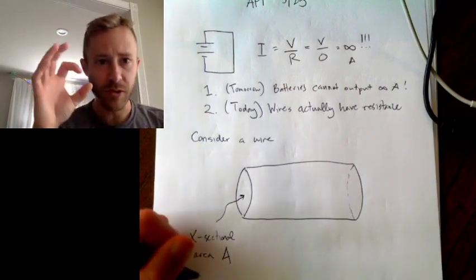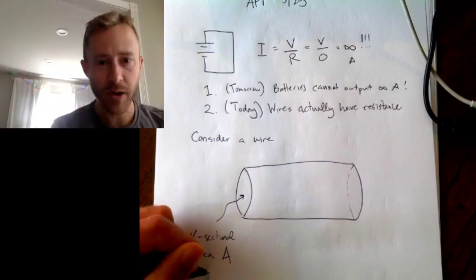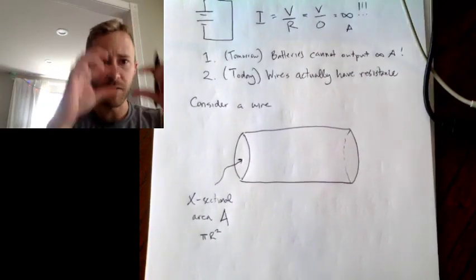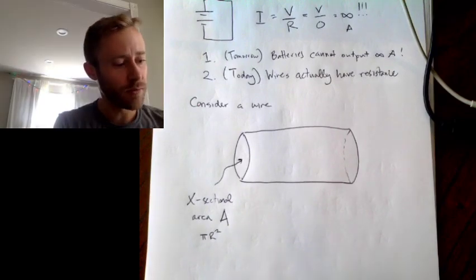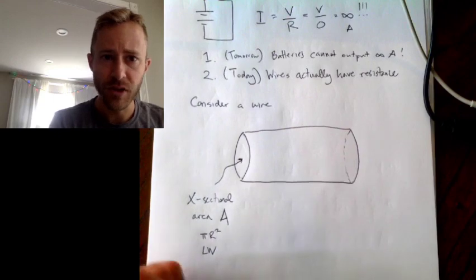If it was a circular cross-section wire, it's going to be pi r squared. If it's a rectangular wire, it's going to be length times width. You know what I mean, etc.